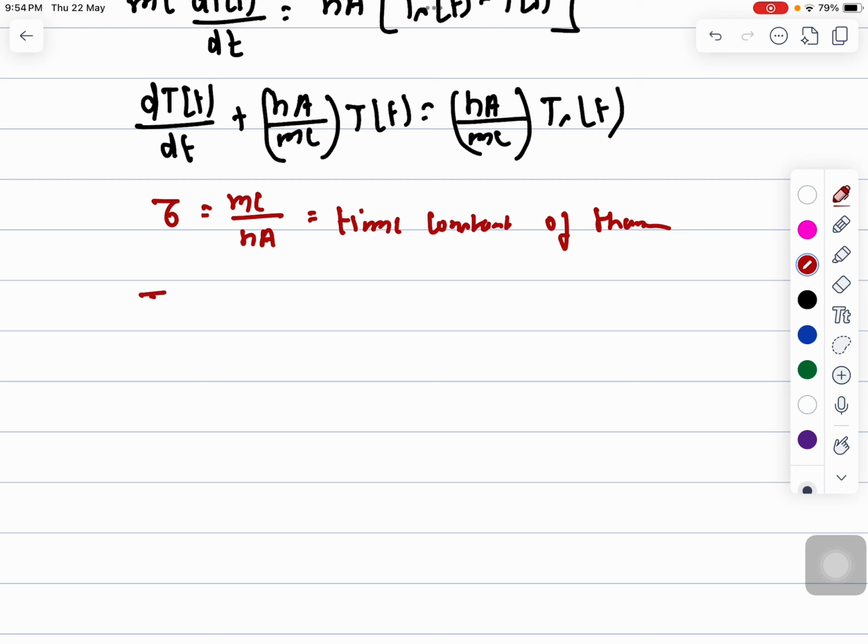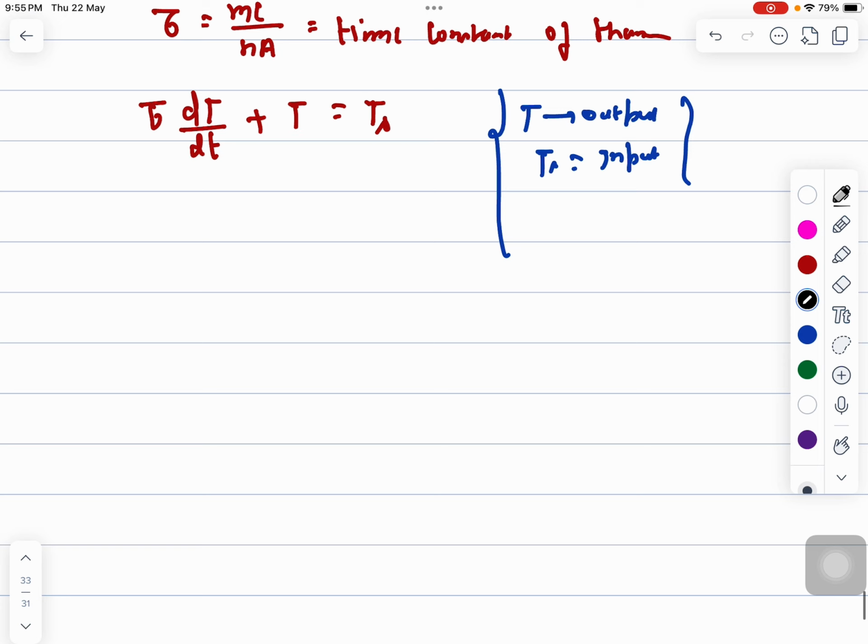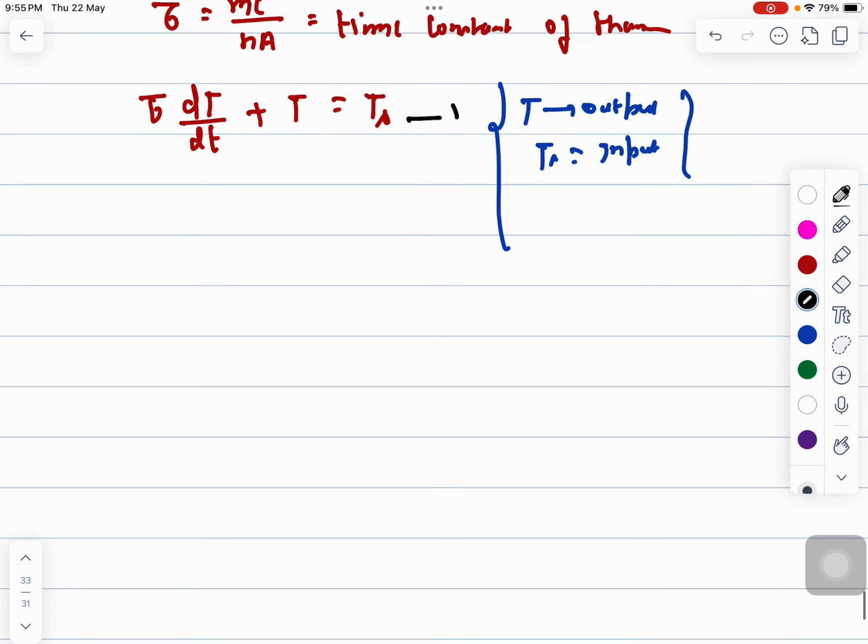Right, so now I can write tau dT/dt plus T equals Ts. Is that clear? So you can see T is the output and Ts is the input.